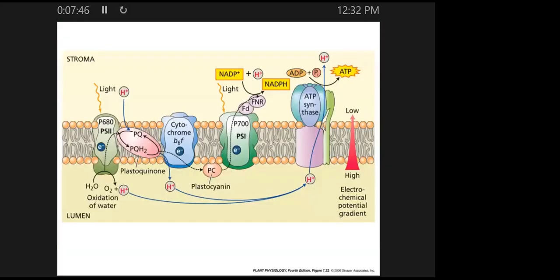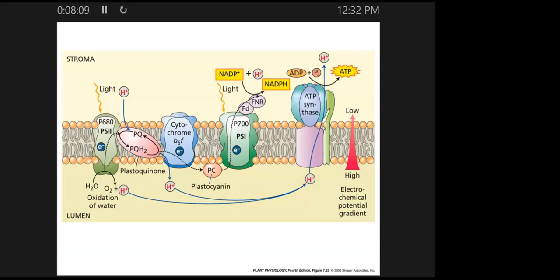You can go back to the light reaction. You see that ferredoxin is associated with photosystem 1, waiting for that electron. Once it gets the electron, it releases off and moves into the main portion of the stroma. And if everything's going okay for the light reactions, it'll bump into FNR and get you your NADPH.